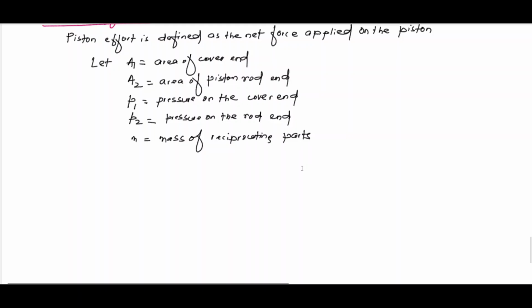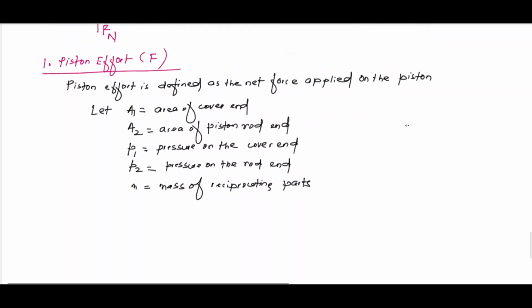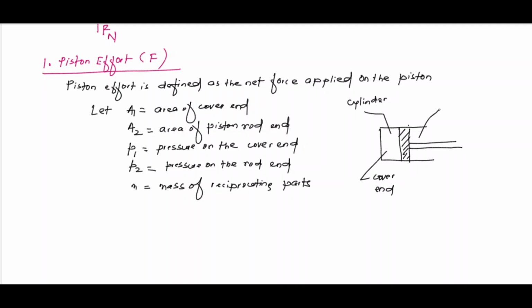Now, what is cover end and piston rod end? Let me describe it. Let's say this is our horizontal cylinder. Then this one is our piston, and this is piston rod. Let us hatch this portion. So this part is our cover end, and this part is our piston rod end.